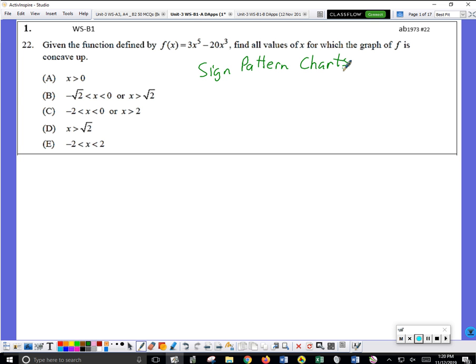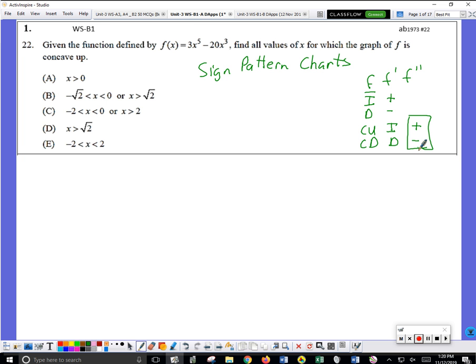But I still have to know why I'm doing this. So I look at Danica's chart, and it gives me the reason. Danica's chart tells me that if I'm trying to figure out when f is concave up, I can do that by figuring out when the second derivative is positive.